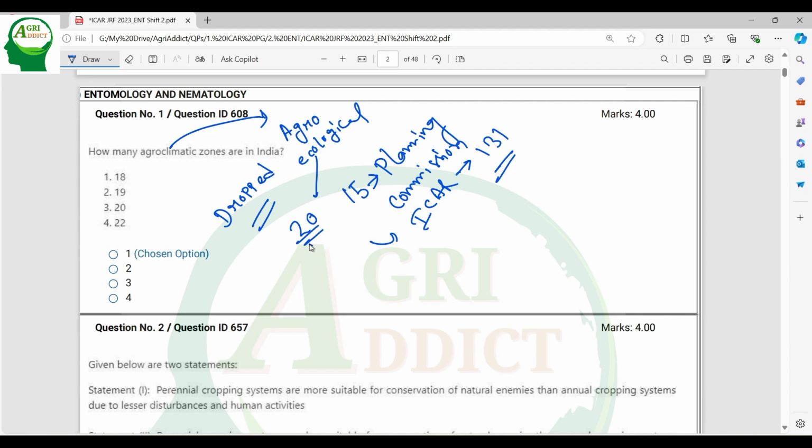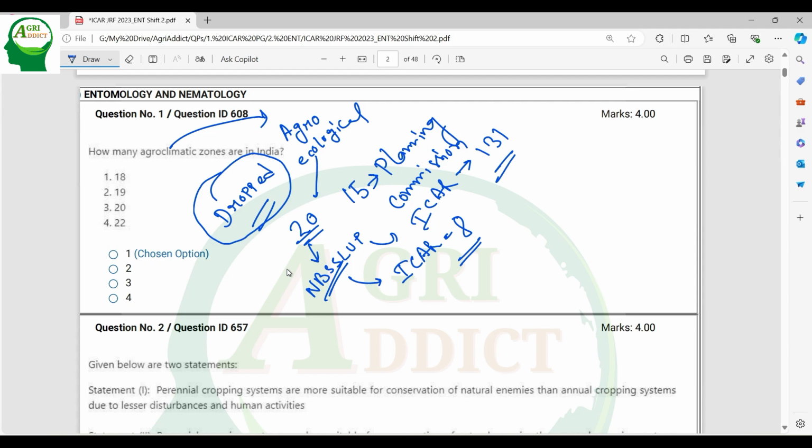According to NBSSLUP, situated in Nagpur, that is the National Bureau of Soil Survey and Land Use Planning, they divided agroecological zones into 20 in India, and ICAR divided the agroecological zones into 8. So this question should be dropped, but in the answer key a wrong answer was given.